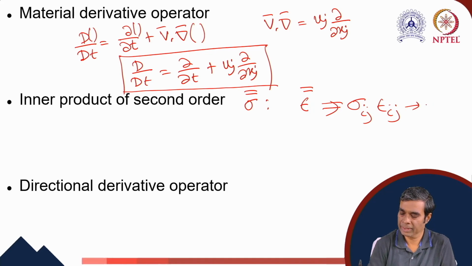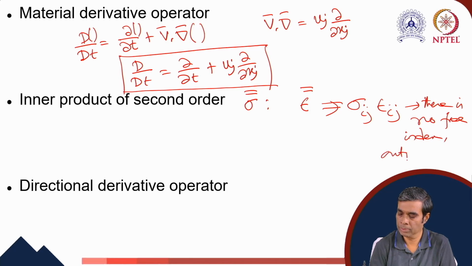So ultimately, there is no free index in this expression, so the output must be a scalar quantity.